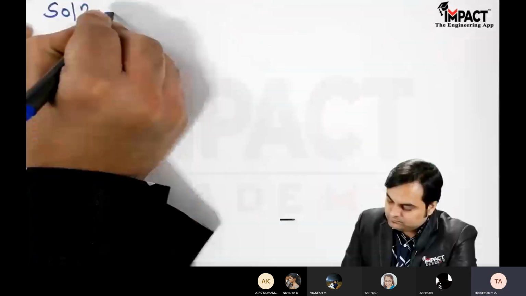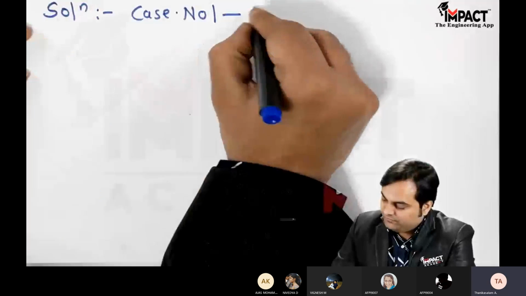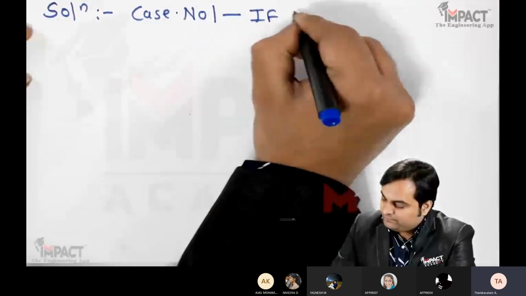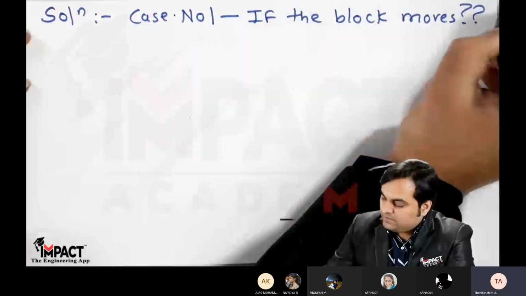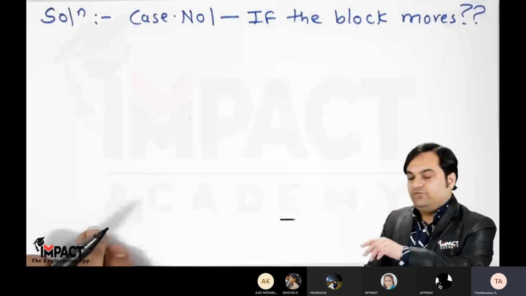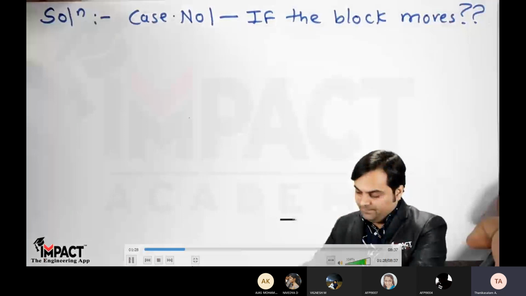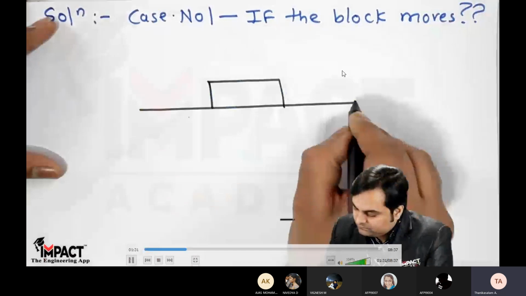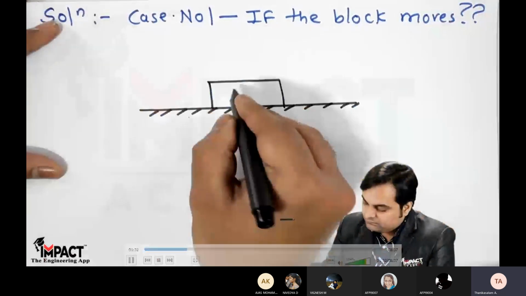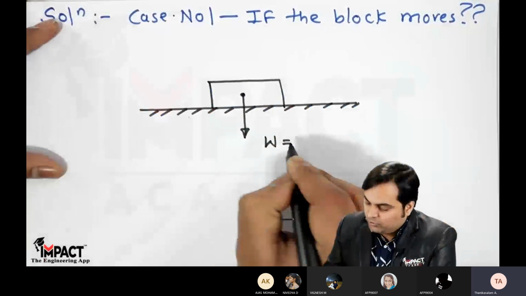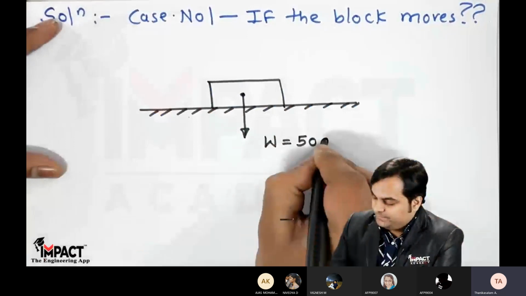Case number 1 is to find out if the block moves. For that I'm going to draw the diagram again. The weight of the block is 500 Newton, acting downward.